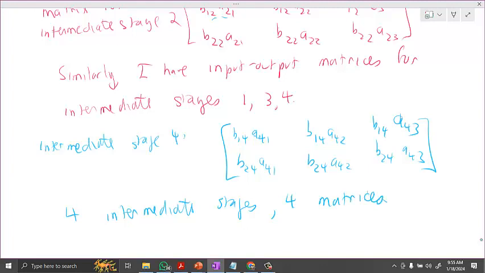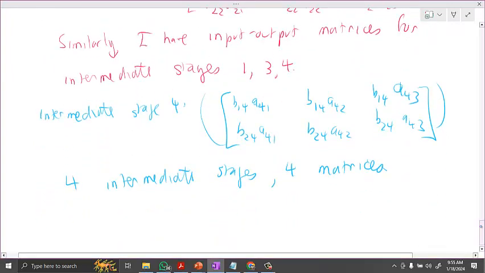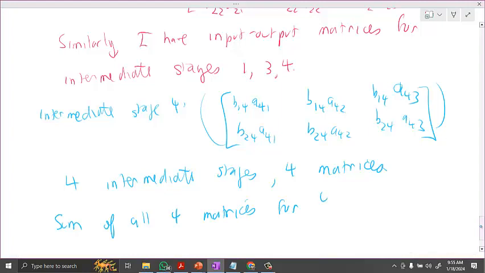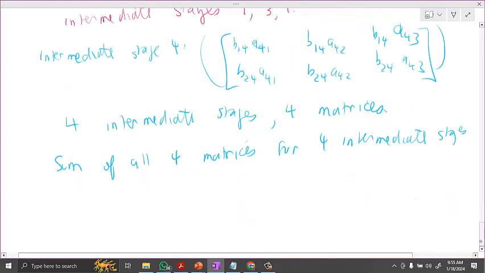And this is useful because each one of these matrices shows me the effect of the intermediate stage. Suppose there's some change to the intermediate stage. Well, it would change this matrix. Okay. So if I take the sum of all 4 matrices for the 4 intermediate stages, if I take the sum of all 4, what I get is the matrix product of A and B. Okay.